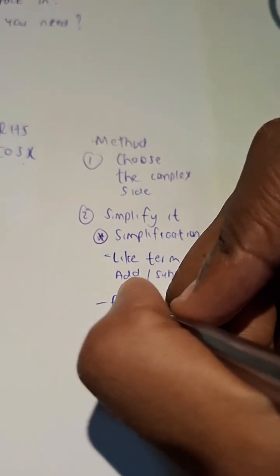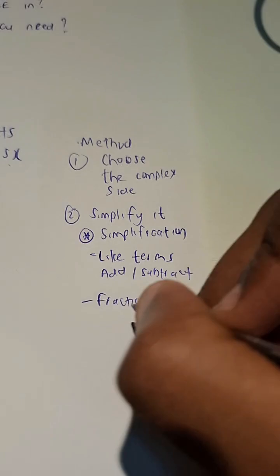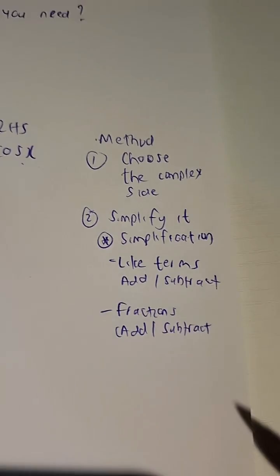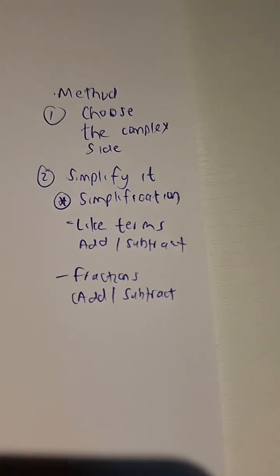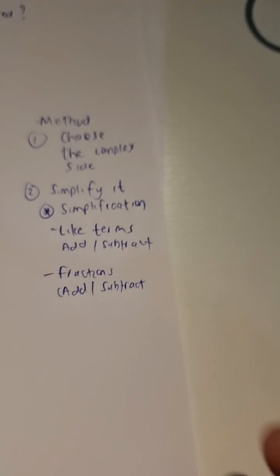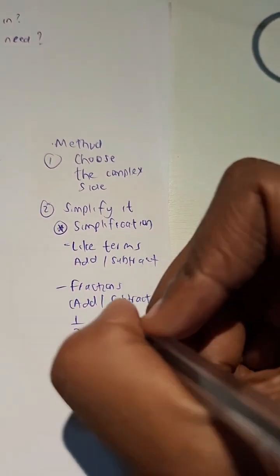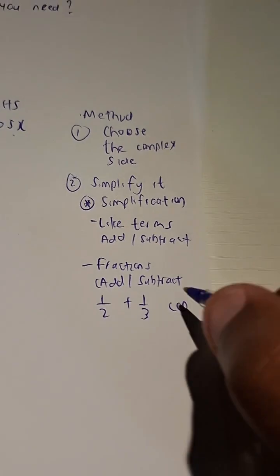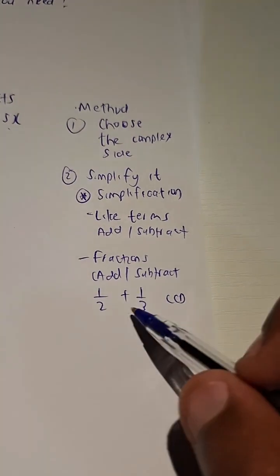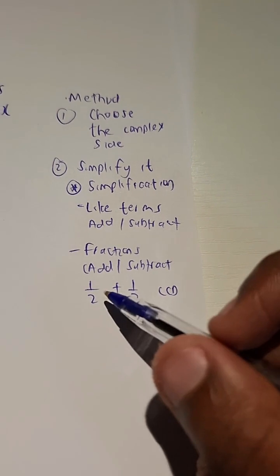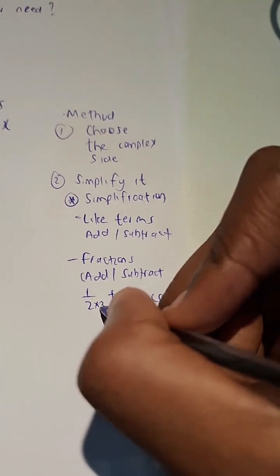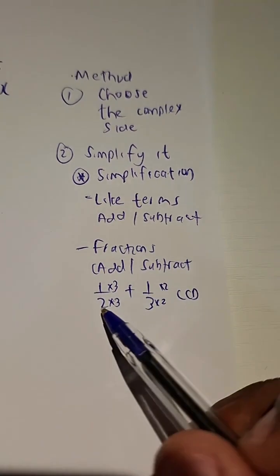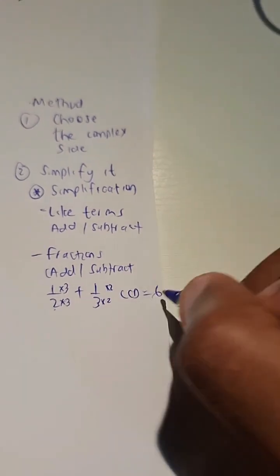If there are fractions, you must add or subtract them. Now you must remember the rules and the laws that have to do with fractions. Remember, in order for fractions to be added or subtracted, you usually find the LCD, right? And then after you find the LCD, you make the denominators the same by ensuring that you multiply so that the LCD, which is 6, can be reflected.